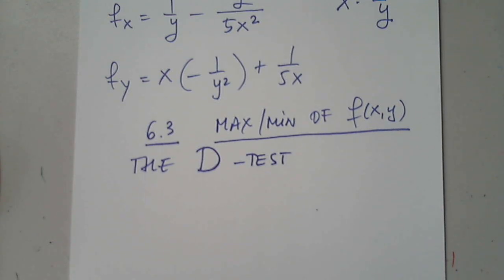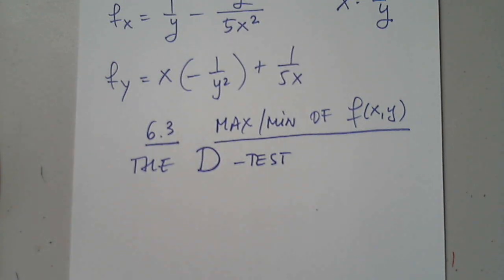I will not have time to illustrate the whole thing, but I just want to choose an example and start it. And that's on page 576. I promise to stop in 2 minutes. Okay, so find the relative max or min value.